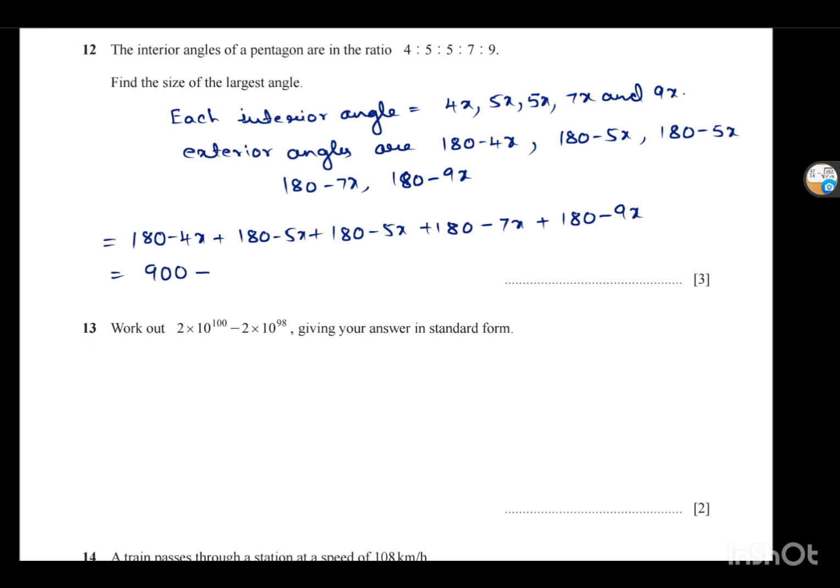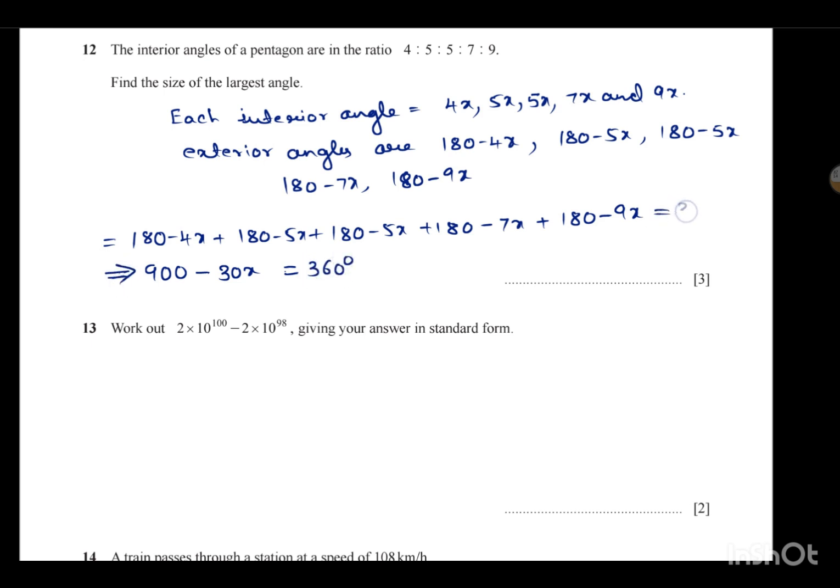Now 4x plus 5x is 9x, all are minus, so you add. 9x plus 5x is 14x, plus 7x is 21x, plus 9x is 30x. So 900 minus 30x.